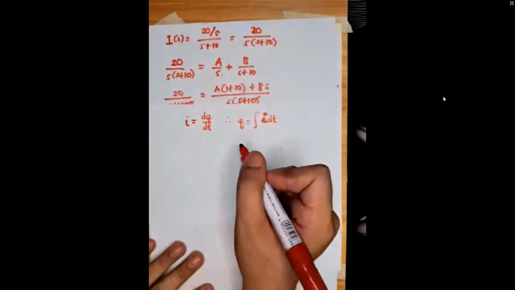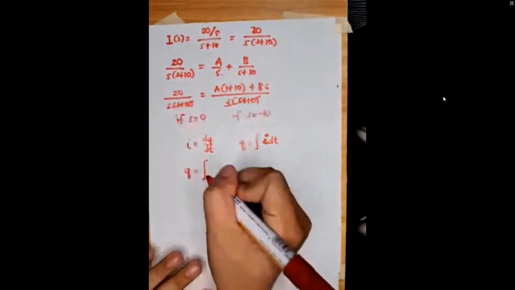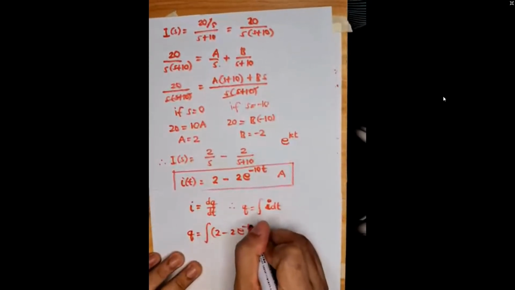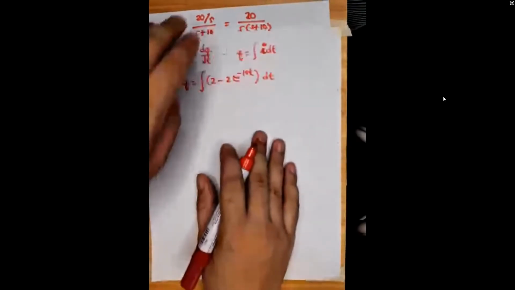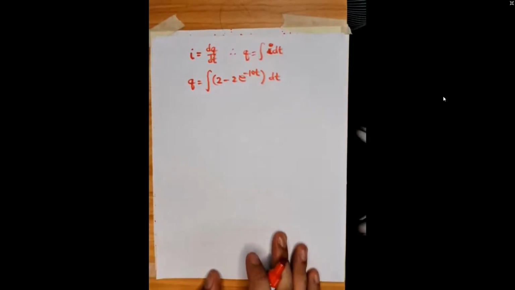Okay? So that means ang Q natin ay equal sa the integral of 2 minus 2 e raised to negative 10t dt. So perform the integral.